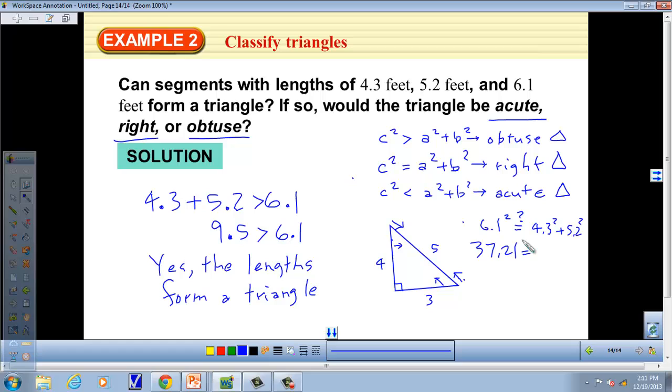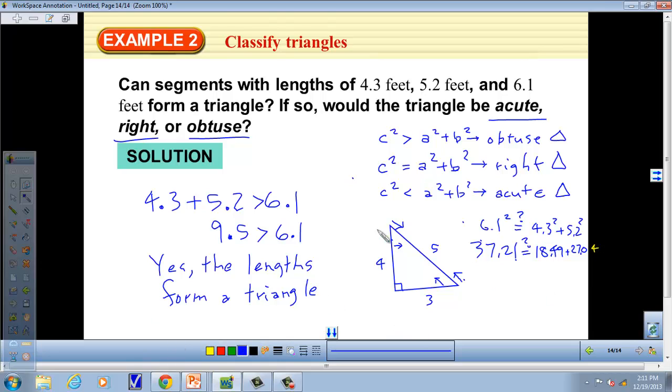and we don't know what that's equal to, but we know 4.3 squared is equal to 18.49, and 5.2 squared, hopefully I can squeeze this in, is 27.04. Okay?